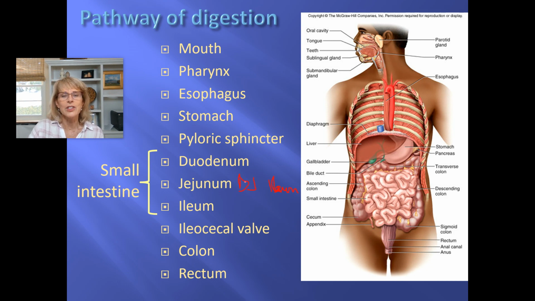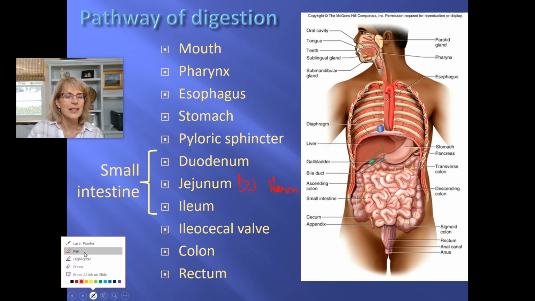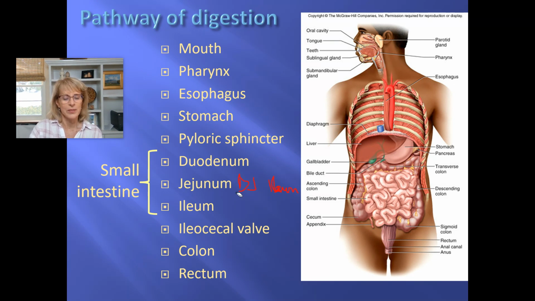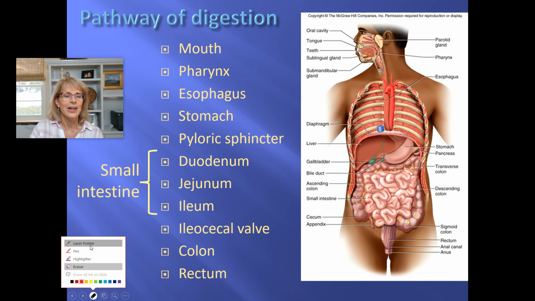The D stands for duodenum, the J stands for jejunum, and then the ileum, all right? So the first place that food goes when it leaves the stomach is into the duodenum, then it'll go into the jejunum, then it'll go into the ileum, right?